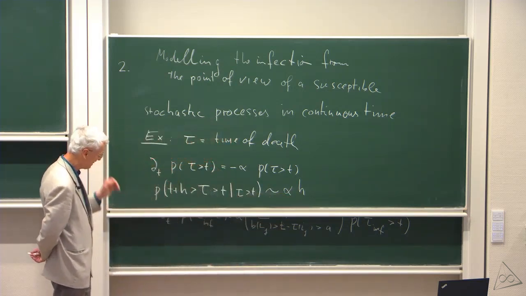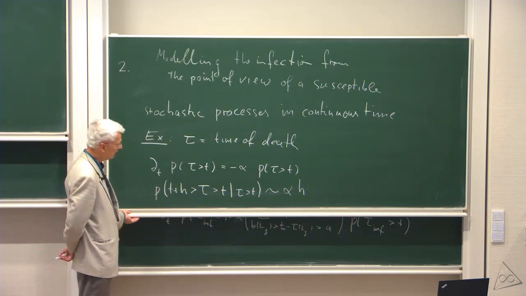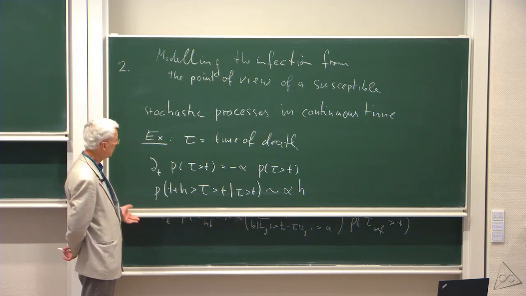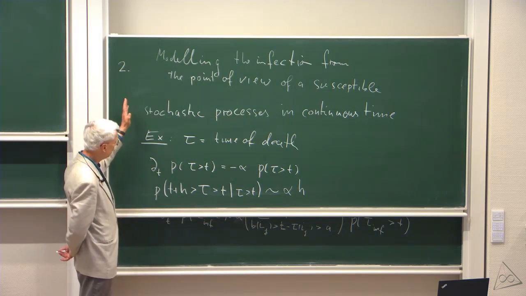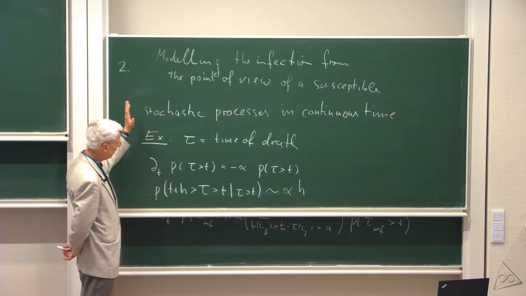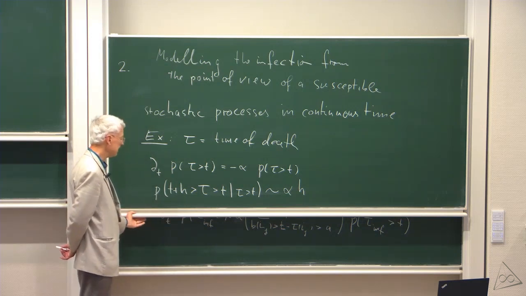That's what it means. And this is the basic type of formula or model that we use to describe a process which mathematically we would call a 0-1 process in continuous time.